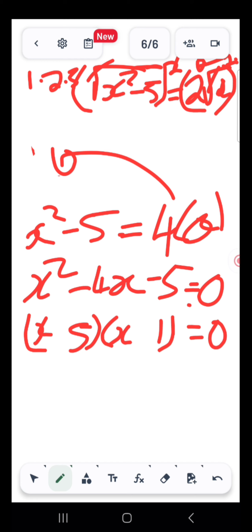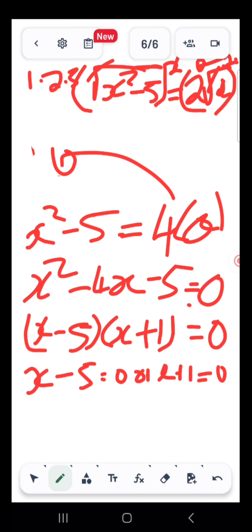Since 4 is negative, the bigger number will also be negative and the other one will be positive. We are done factorizing: standard form, simplified, factorized. Then ZPP: x minus 5 equals 0, or x plus 1 equals 0. x equals 5, or x equals minus 1.